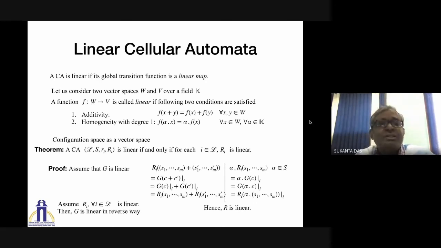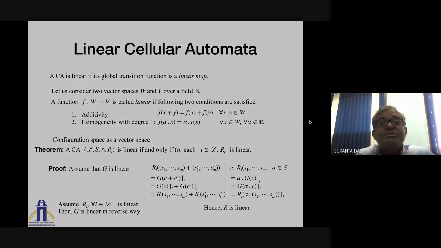Now consider a function f from W to V, and it is linear if two conditions are followed. One is additivity, another homogeneity. Additivity is: if x and y are two vectors of W, then f of x plus y is equal to f(x) plus f(y).